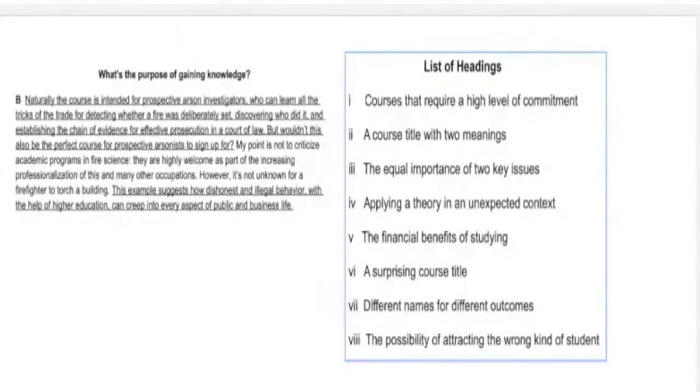Come on. Can anyone tell me which could be the answer? Yeah. Can anyone tell me? No, I don't want you to type. I'm not going to look at the typing.